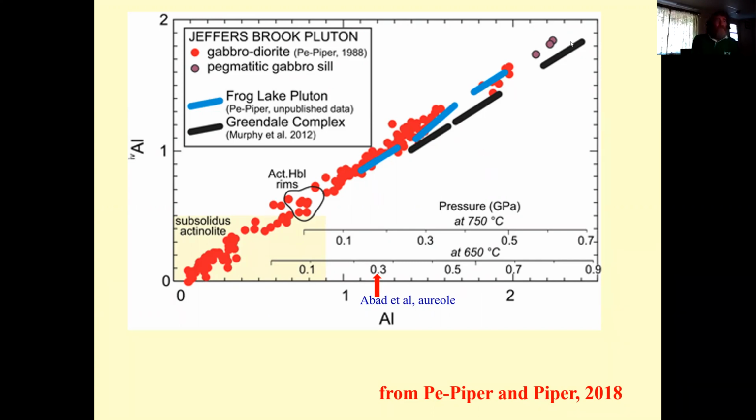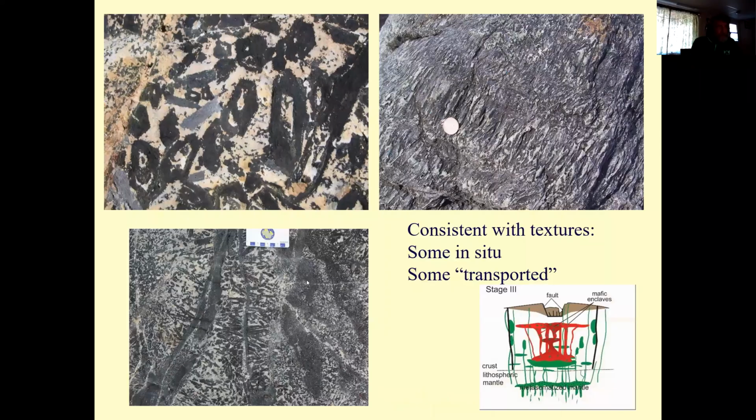So many of the hornblendes crystallize at deeper levels than their current erosional level, if you like. And that's consistent with the textures. Some of these hornblendes clearly crystallize in situ within the melt, given those texture relationships, but some of them may well have crystallized deeper down and been carried up in magma as it was emplaced along these fault systems.